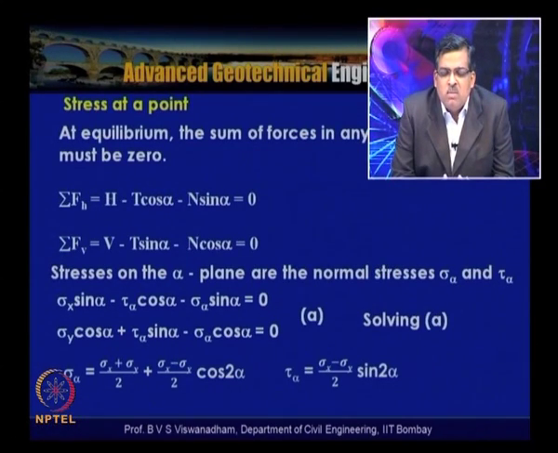So this is regarded as A. By solving A, we get sigma alpha is equal to sigma x plus sigma y by 2 plus sigma x minus sigma y by 2 cos 2 alpha, and tau alpha is equal to sigma x minus sigma y by 2 sin 2 alpha. So we have got the stresses sigma alpha and tau alpha, knowing the stresses the element is experiencing, on a plane which is inclined at alpha.